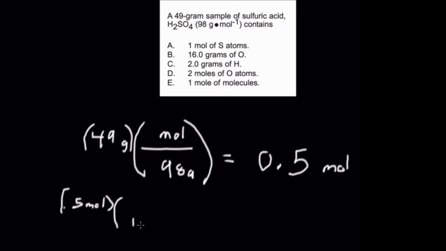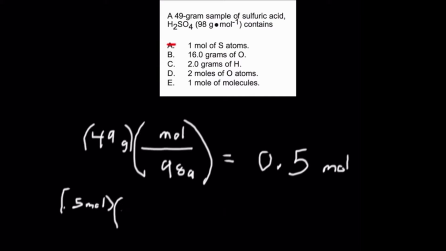In 1 mole of sulfuric acid, we have 1 mole of sulfur atoms. So obviously we can see that in a 49-gram sample, we'd have 0.5 moles of sulfur atoms. So we know that we can eliminate option A. So A is no longer. So let's back up now. Let me get my eraser. And we'll do this again.